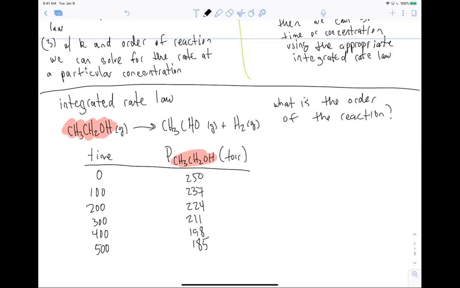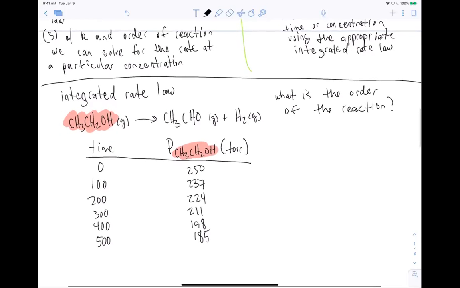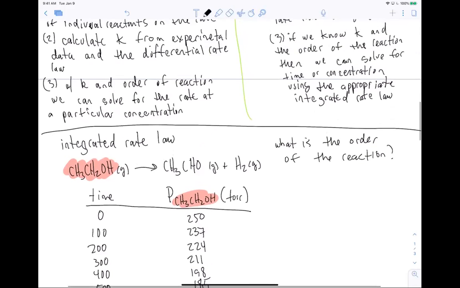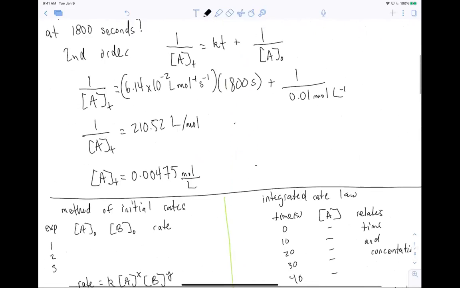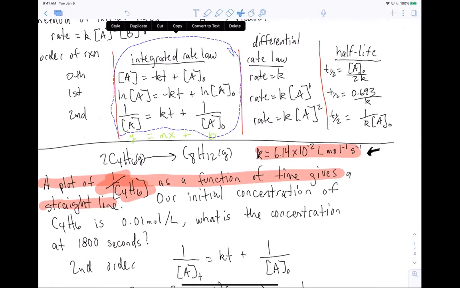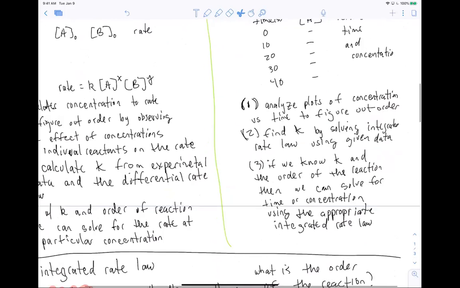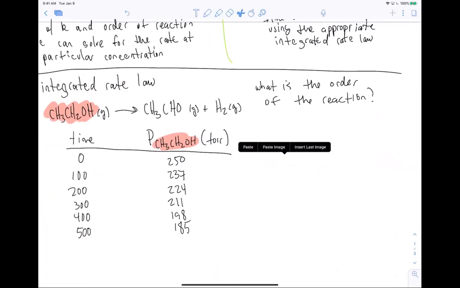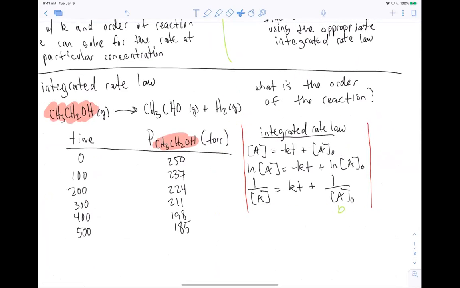So how do we find the order of the reaction here? You want to take plots of concentration versus time. So if we thought maybe it was 0 order, let's say you've got this.